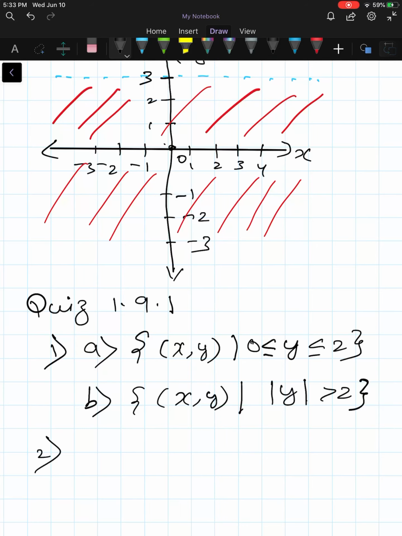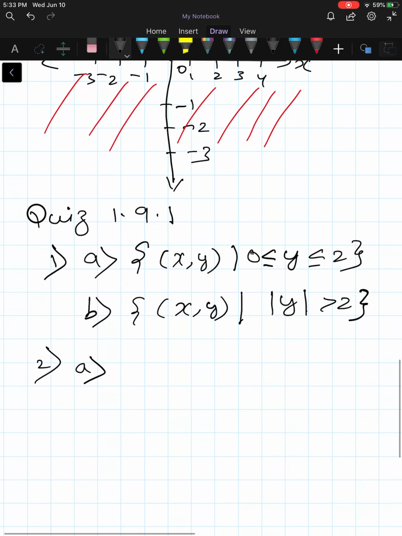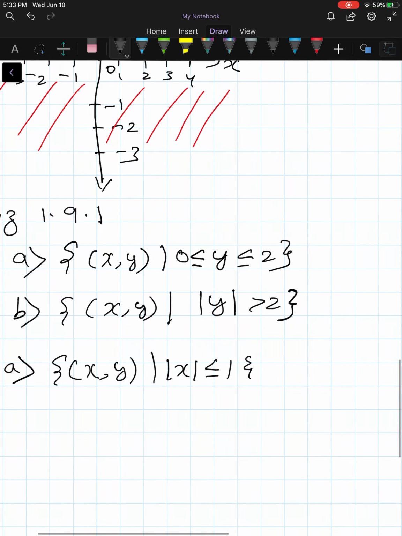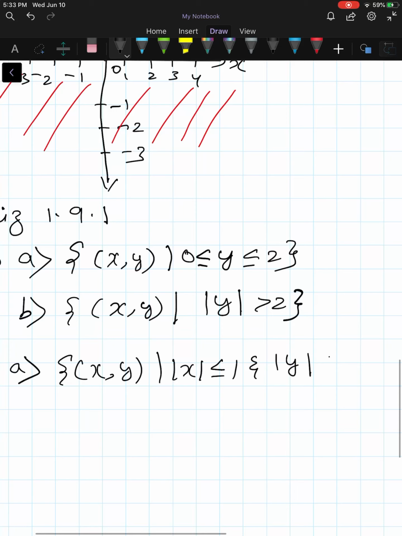And another question, second one. A: set of all x comma y such that the absolute value of x is less than or equal to y and the absolute value of y is less than or equal to 3. So here, 'and' represents that both statements have to be true. This also has to be true, this also has to be true.